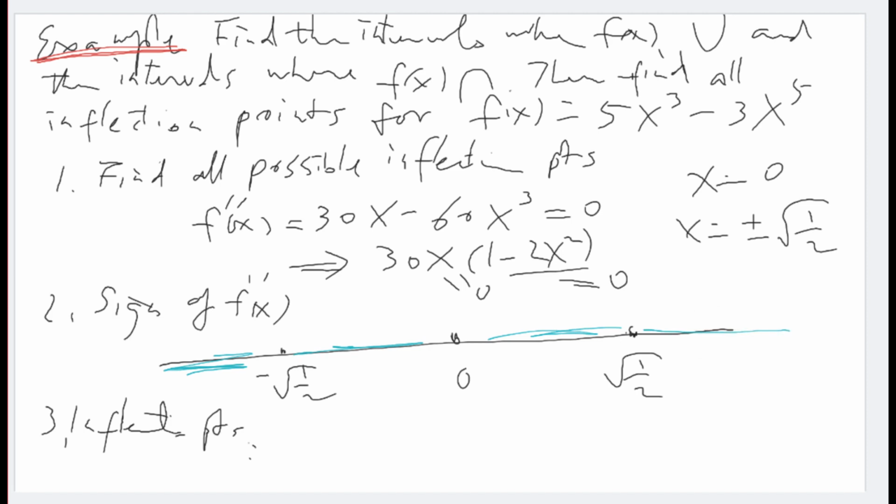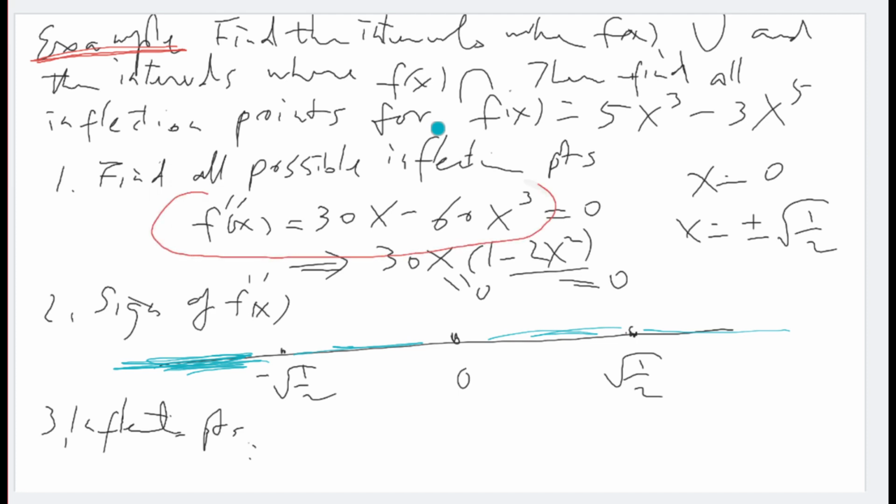Pick a test point. For this subinterval, we can pick, say, negative 10. Negative 10 is definitely on the left side of this inflection point. So with negative 10 somewhere here, plug in for x in f double prime, which is this. Make sure you use the correct expression.